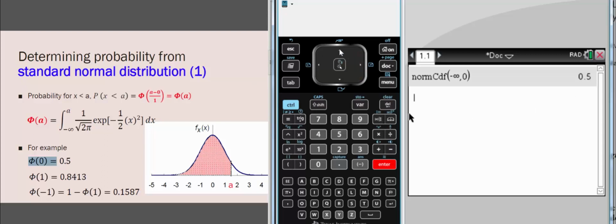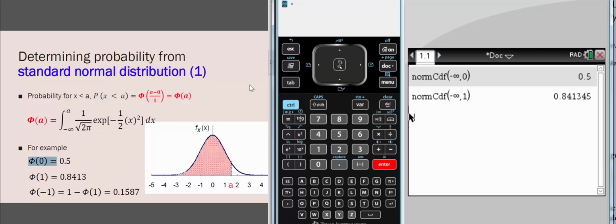And you can always use the arrow key to go up and copy a previous input and press enter to copy it. Now we want to go up to 1, which should give us more probability, right? Because going up to 0 you get 0.5. If you go further, I expect to pick up more probability. In fact, about 0.84.